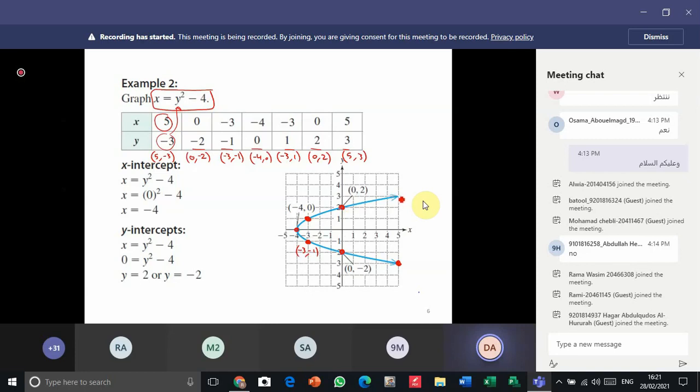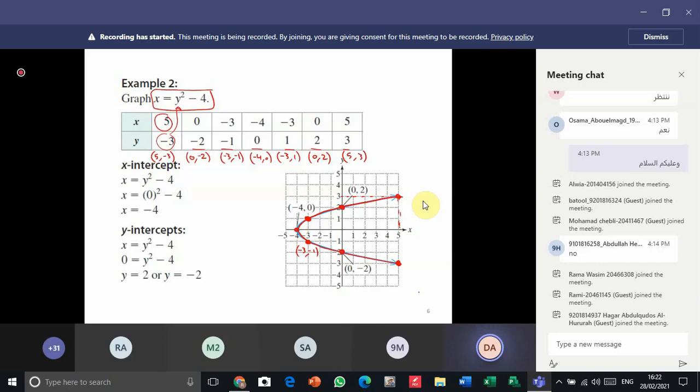Last one, 5, 3, where 5 is x and 3 is y. Connect between them by a smooth curve. This is the graph of this relation.